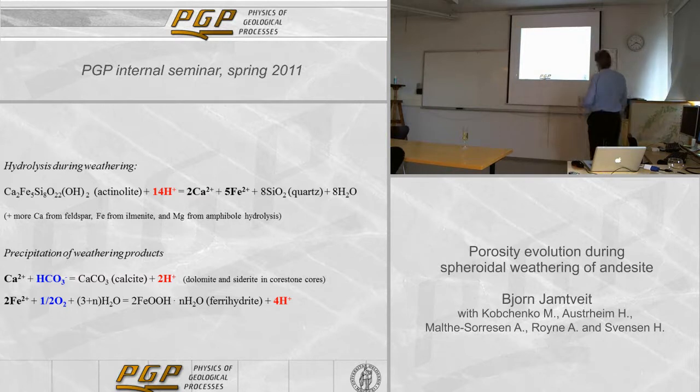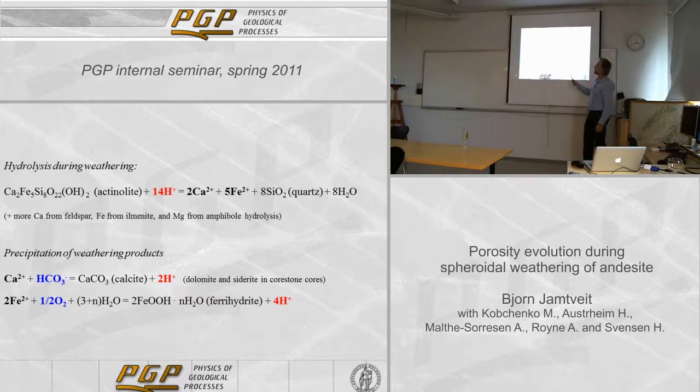So if you start looking at what kind of reactions were responsible for this, it was obviously weathering, and weathering of silicates is normally a hydrolysis reaction. As an example, the iron-bearing member of the calcium amphiboles, the actinolite, reacts with H+ in the fluid.